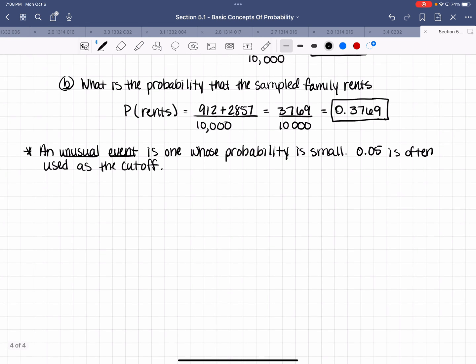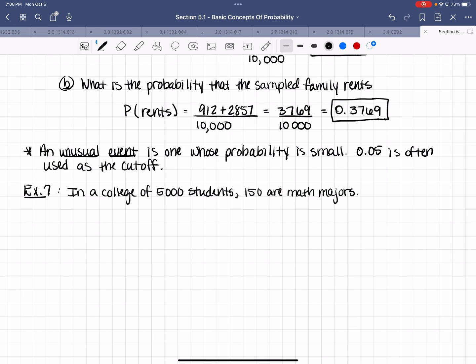Example 7. In a college of 5,000 students, that's a small college, 150 are math majors. Yeah, right.